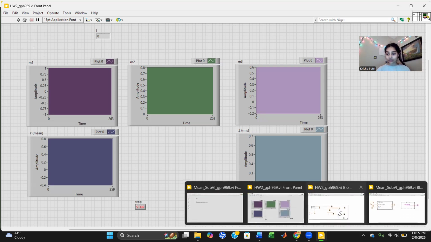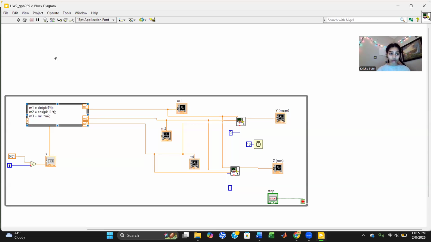So now looking at our block diagram for the VI, we can see that these are our sub VIs over here. We can see that our iteration counter is to the left of us, and it is being multiplied by 0.1, and it is becoming a variable called t, and t is being fed into a formula node that calculates values for M1, M2, and M3, which were provided in the homework.